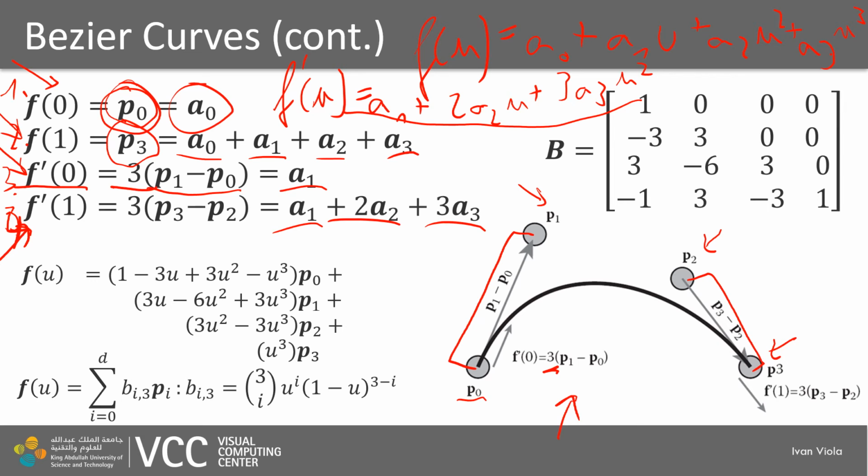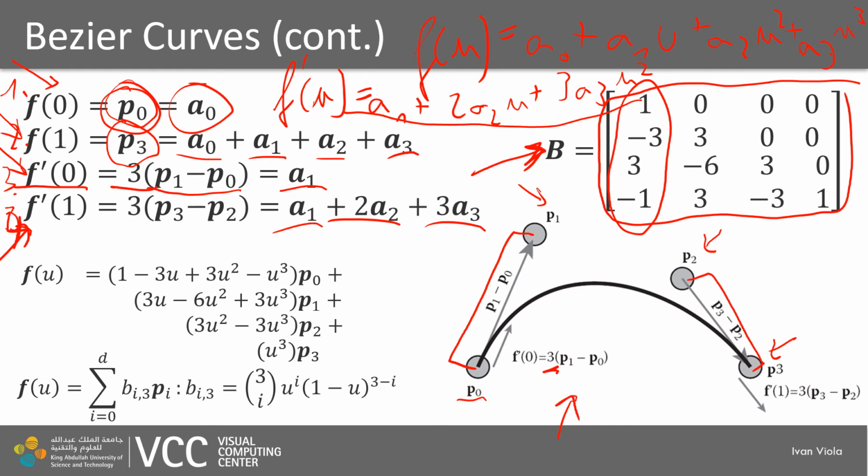Once we know that, we can create our constraint matrix. And once we have our constraint matrix defined, we can invert it and create our basis matrix. I didn't show you the constraint matrix here, you will have to believe me, but the basis matrix looks like this. And we already know that if we take the columns and associate them with the respective points, we will create the formula for our parametric curve.